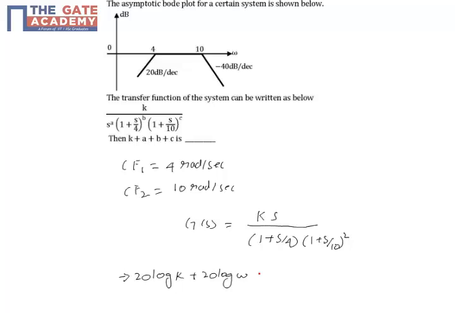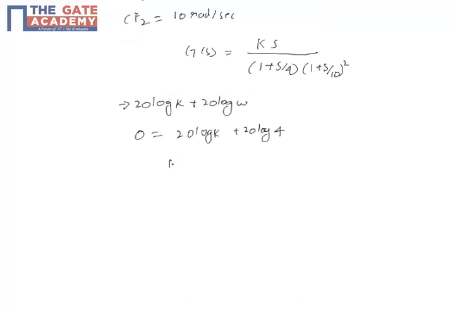Now I see that at omega equal to 4, value is 0. So 0 equal to 20 log k plus 20 log 4, because omega equal to 4. Now from this we know k is equal to 1 by 4.